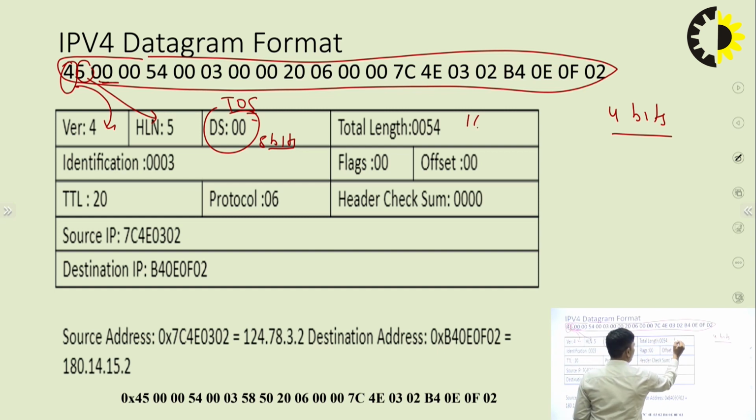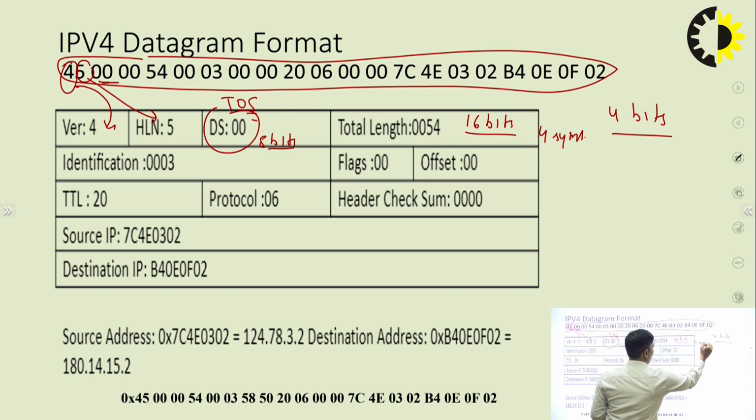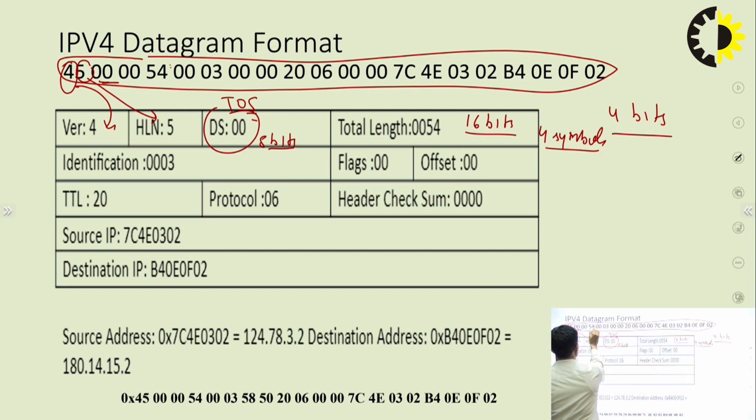This is of 16 bits. 16 bits means how many symbols? 4 symbols of this stream. What are the 4 symbols? 0054. Okay. Similarly, identification of 16 bits. 16 bits means 4 symbols. So this is identification.